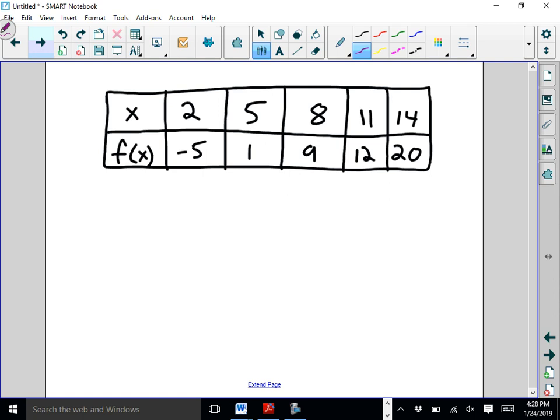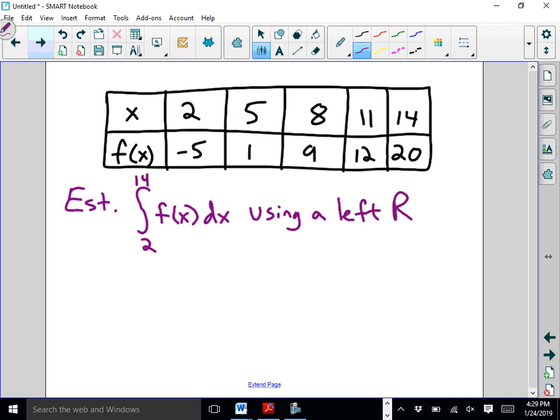So first, I want to estimate the integral from 2 to 14 of f of x dx using a left Riemann sum with n equals 4 equal subdivisions.